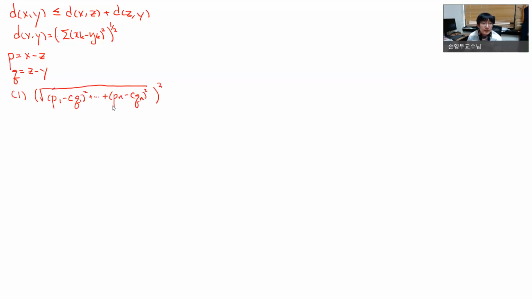And the square of it is, we know, (p1 minus c q1) squared plus ... plus (pn minus c qn) squared.